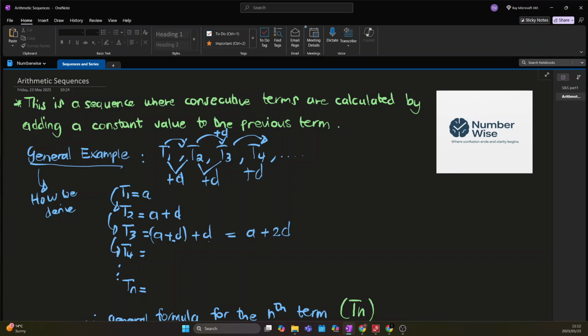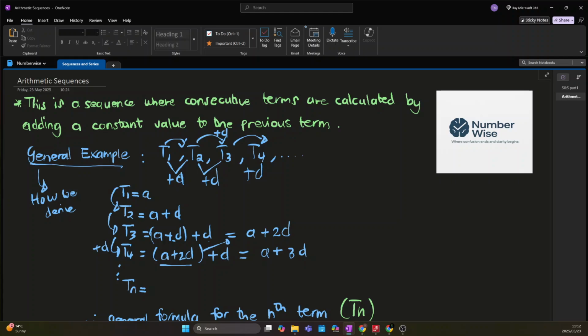Then T4 is equal to T3 plus D, which comes to A plus 3D if we add the like terms together.